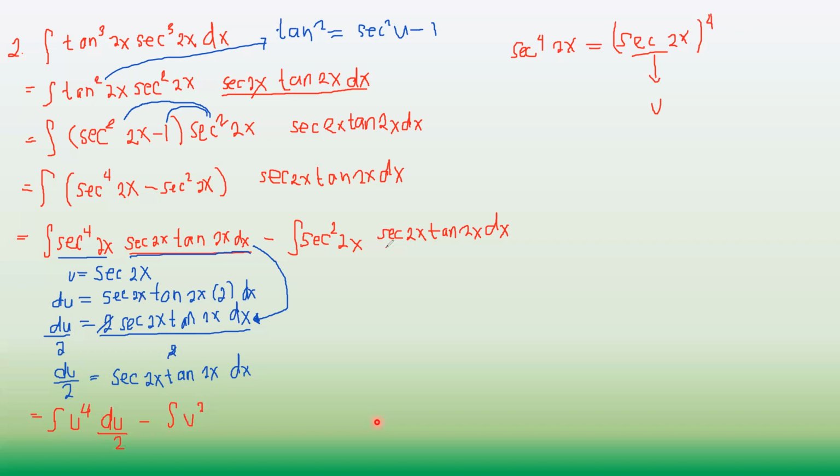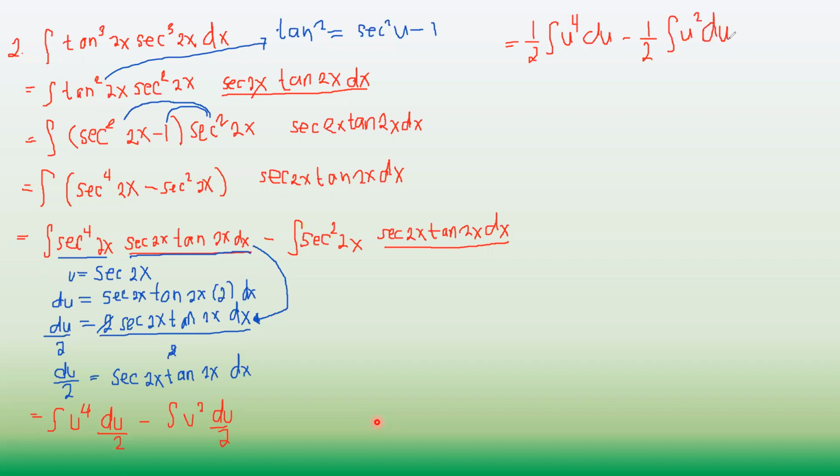Ito rin ay secant 2x tangent 2x dx. So ang katumbas ay du over 2. Labas muna yung constant. Ayusin natin. So labas yung 1/2, yung ating constant. So we have 1/2 integral of u raised to 4 du minus 1/2 integral of u squared du.